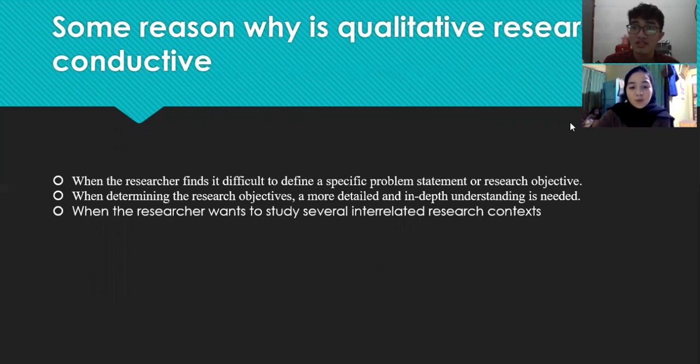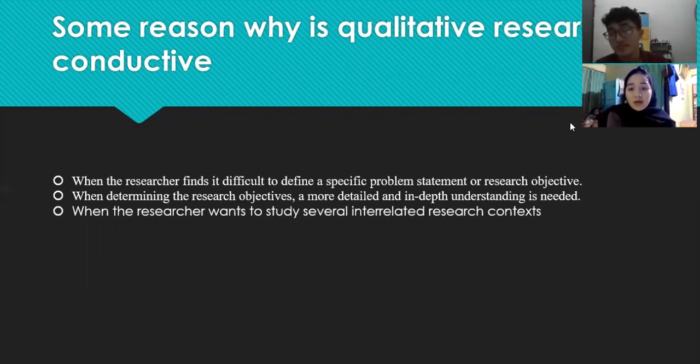Yeah, thank you. Here are some reasons why qualitative research is conducted. When a researcher is unable to establish a clear issue statement for a study target, for example, if a researcher wishes to know the public's opinions or responses to the construction of the MRT in Jakarta, but it's too difficult to describe the research problem and objective, qualitative research can be conducted.